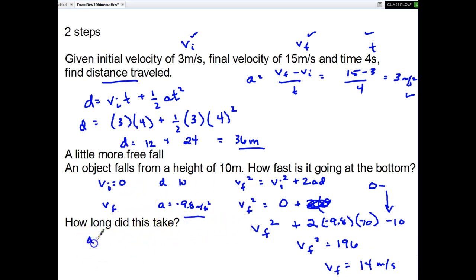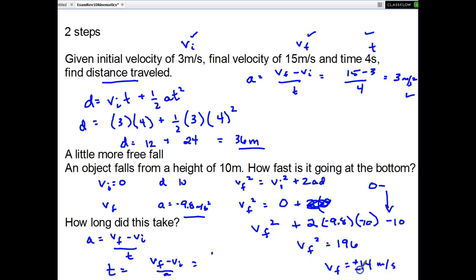Well, we have acceleration is final velocity minus initial velocity over time. And so time is final velocity minus initial velocity over acceleration. Our final velocity, because of the square thing, everything comes out positive.